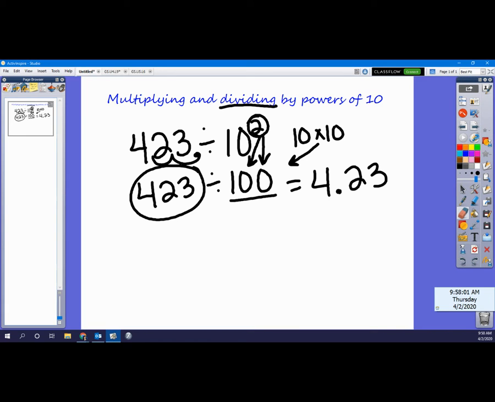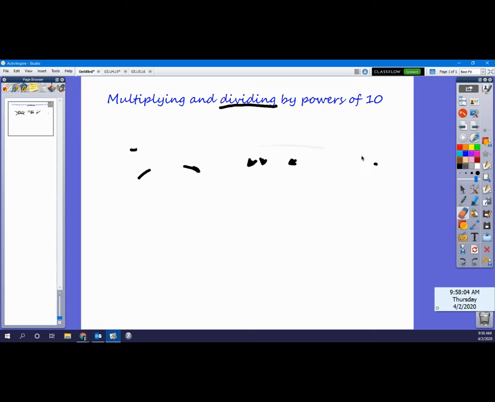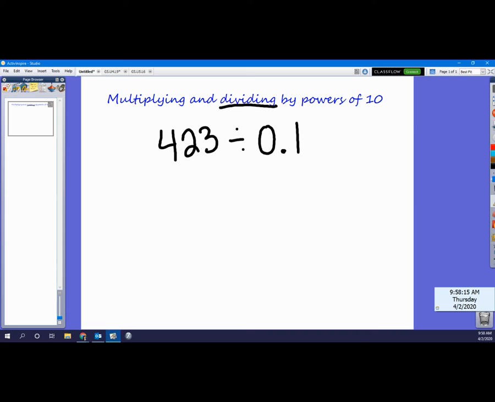The other kind of problem that we have is when we have to multiply by a decimal. So if we had 423 divided by, let's say, 1/10.